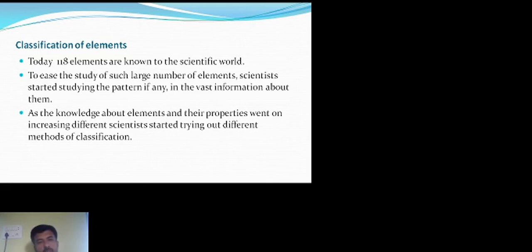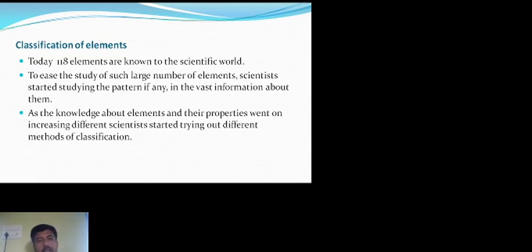We know that elements are basically divided into three types: metal, non-metal and metalloid. On the basis of their properties they are classified as metal, non-metal and metalloid.